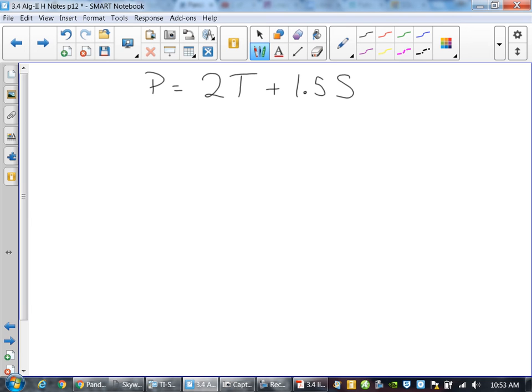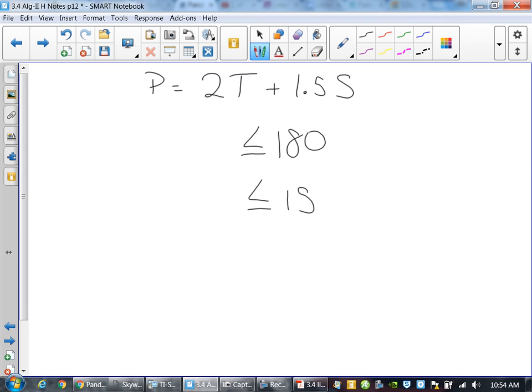Anyway, now when you reread that question and you're trying to figure out your parameters, it tells you you have so many tomatoes and so many onions. You have up to 180 tomatoes, and you have up to 15 onions.